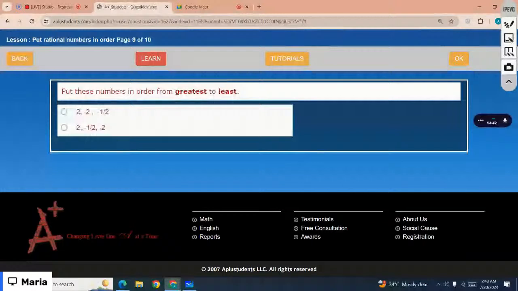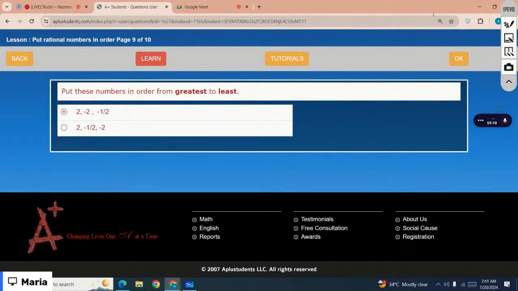Put these numbers in order from greatest to least. So, which is the correct option? Greatest to least.